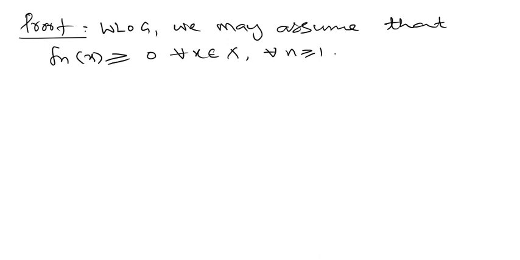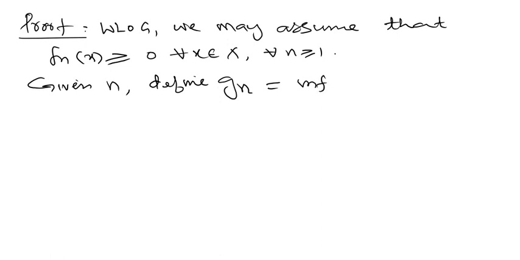Now given n, let's define Gn. Define Gn equal to the infimum of fi(x) such that i is greater or equal to n.